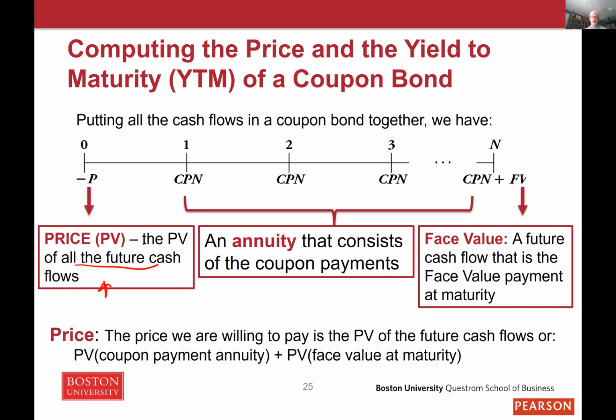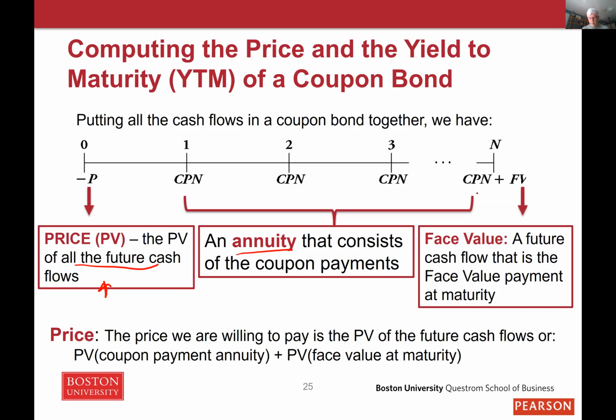The thing about a bond is we know what those cash flows are. It's different than the stock market. The stock market, we don't know what they're going to be. We just have to come up with a forecast that we might believe. But in the bond market, we know what these are supposed to be. And what we are getting is an annuity.